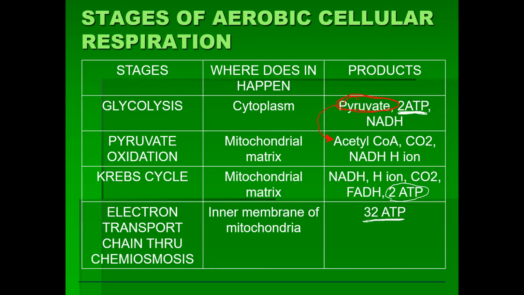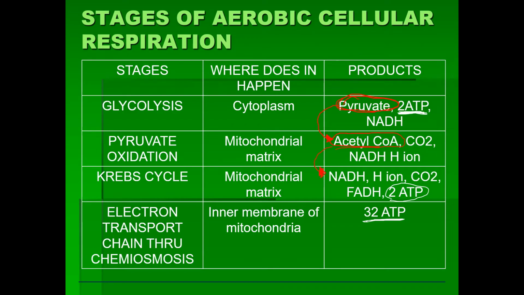When the pyruvate enters pyruvate oxidation, it will be converted into acetyl coenzyme A. This is the intermediate metabolite of pyruvate oxidation, acetyl coenzyme A. Next, what will happen to acetyl coenzyme A? Acetyl coenzyme A will now enter the Krebs cycle. Okay?